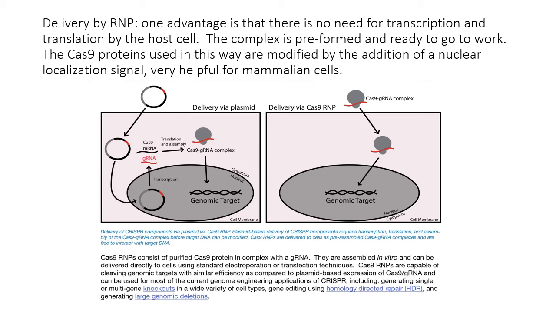Alternatively, some people will make the Cas9 guide RNA complex from purified proteins and RNA in vitro and then deliver that directly to cells. So there are many options as far as how this sort of system can get delivered into whatever cells.